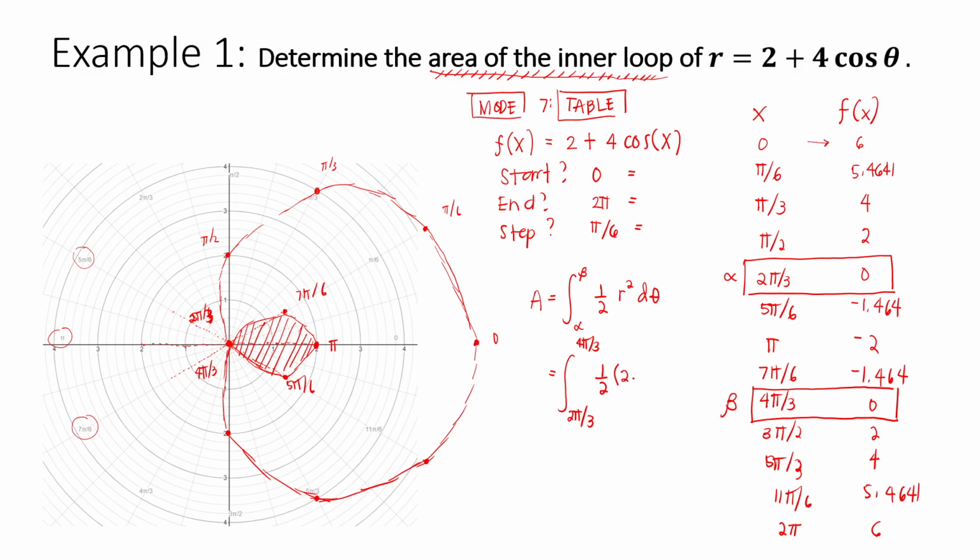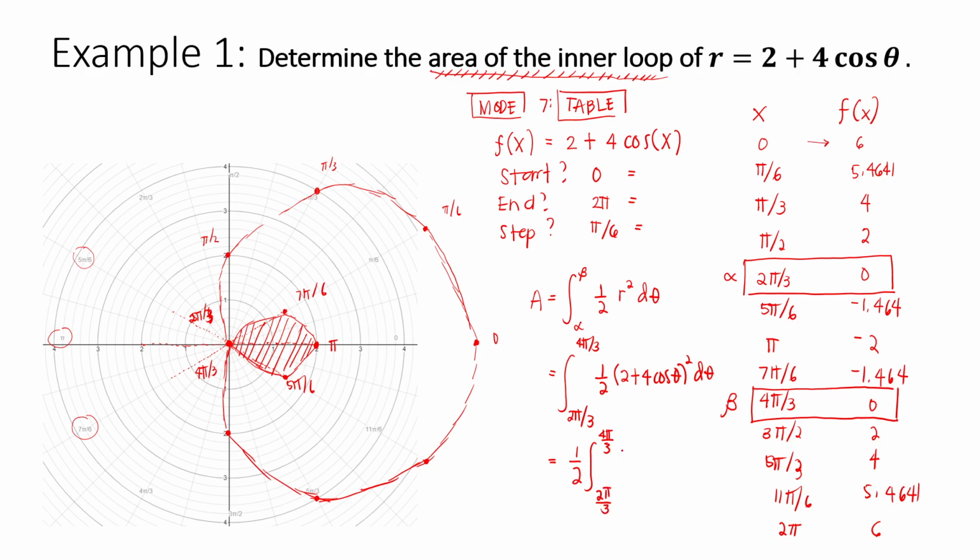We're going to place here 2 plus 4 cosine theta squared d theta. So if you're going to plug it in the calculator, you can help your calculator a bit by getting 1/2 outside the equation. And then you're going to have 4 pi over 3, 2 pi over 3.